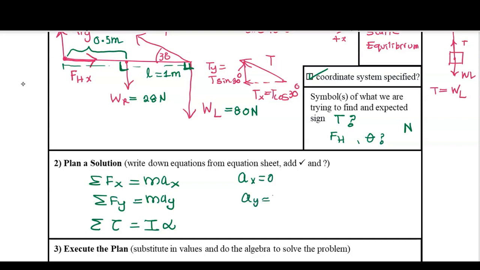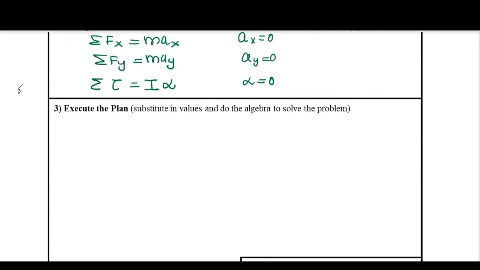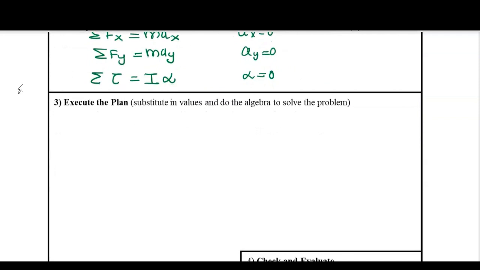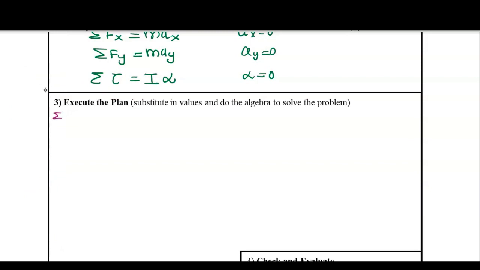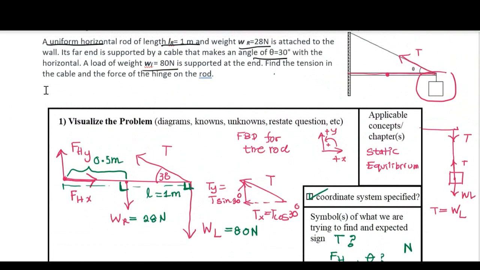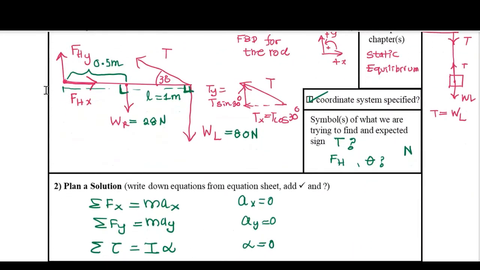So alpha is anyway 0, so you don't have to worry about the two terms I and alpha. So net torque is going to be 0 in the system because the system is at a static equilibrium, which means there's no translational motion or rotational motion.